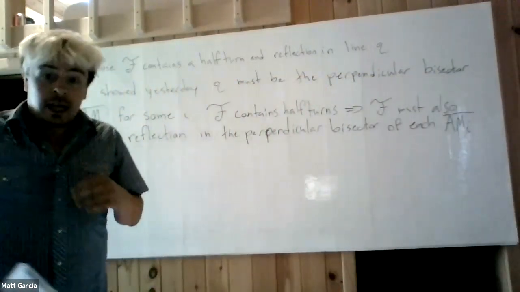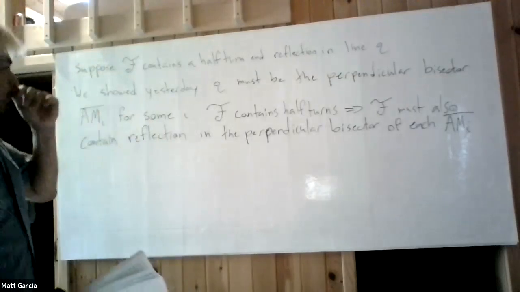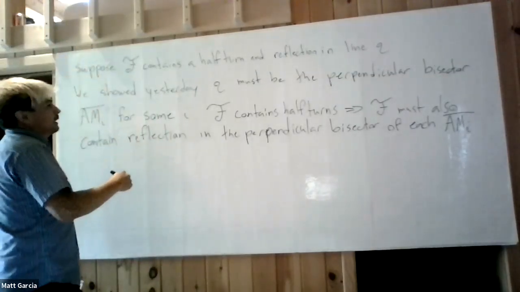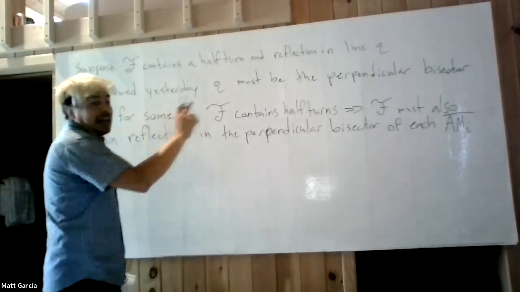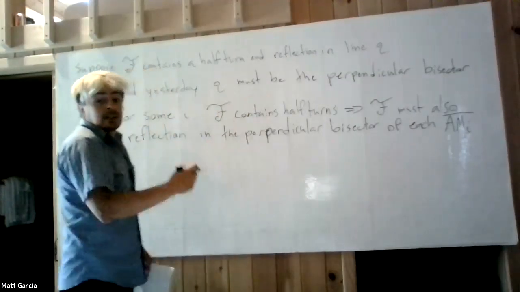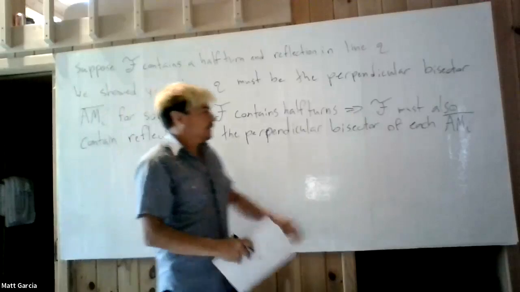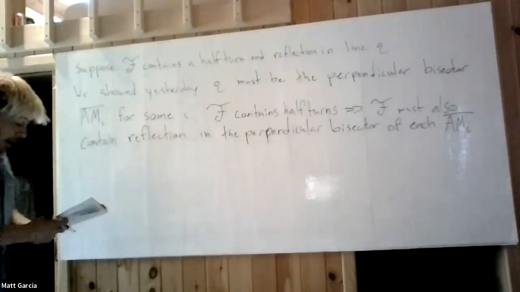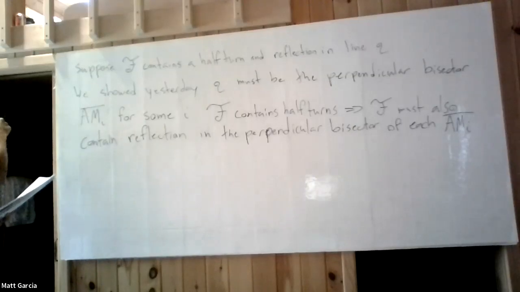We necessarily have this, because we can compose our reflection in Q with these half turns to get to the perpendicular bisector of each of these line segments A and I.